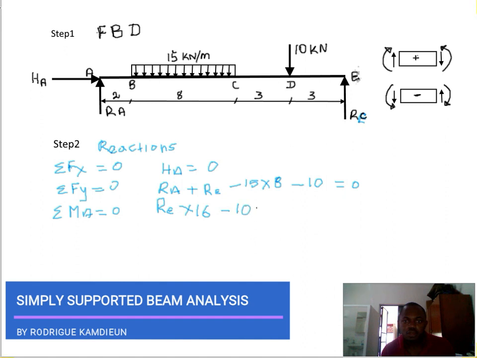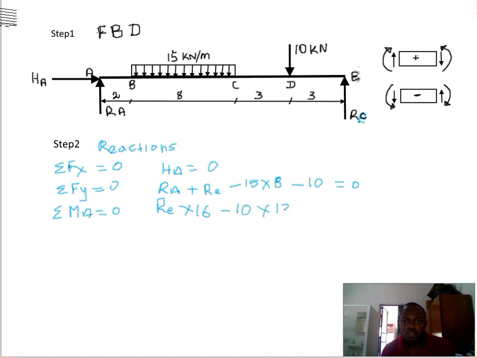Minus 10 times 30, minus 10 times 13, minus 15 times 8 times (4 plus 2). Note that 4 is half of the length of the UDL and 2 is the distance from the end of the UDL to the point of moment. That also equals 0.